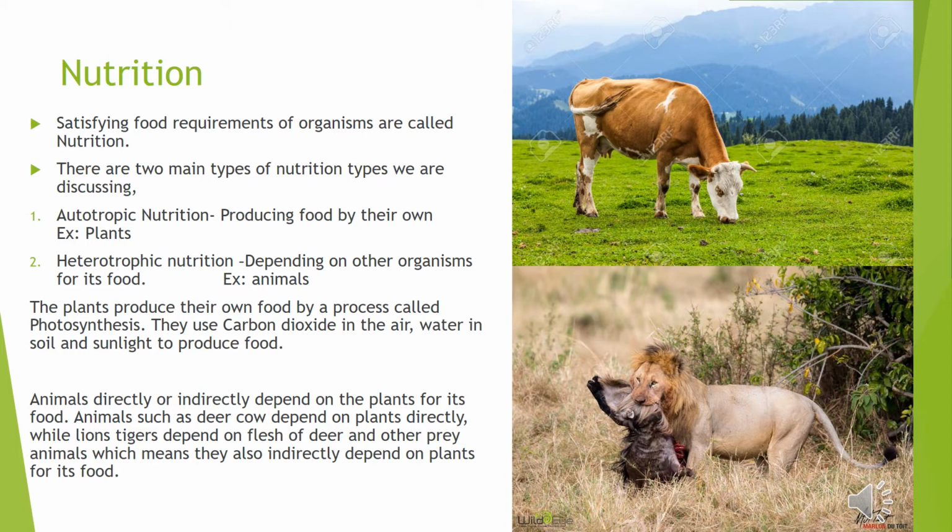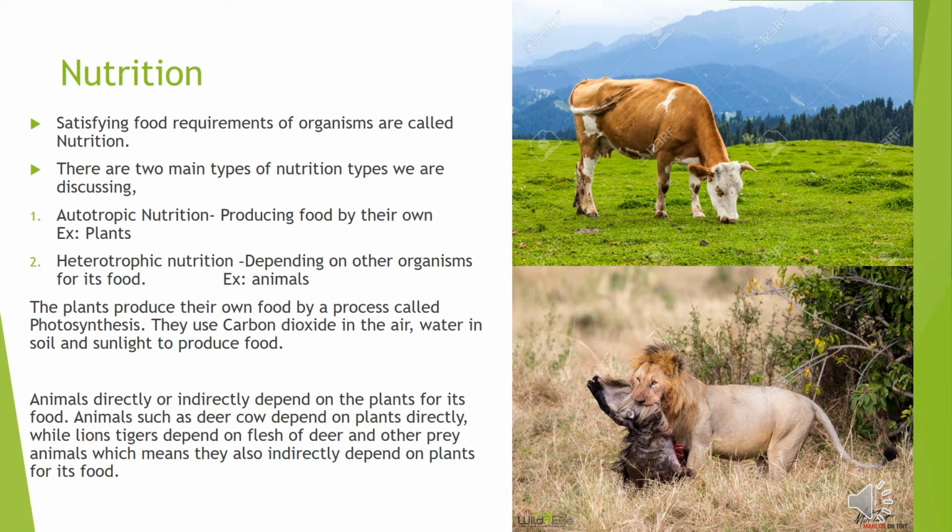And heterotrophic nutrition means some of the organisms depend on other organisms for their food. For example, lion, even human, us, we depend on the leaves, vegetables, fruits and the meat, flesh, all that for our food.